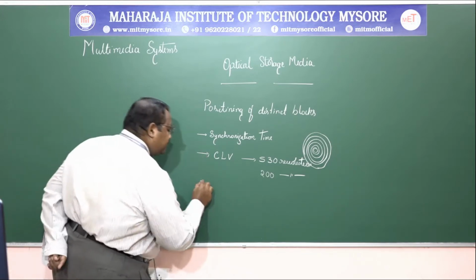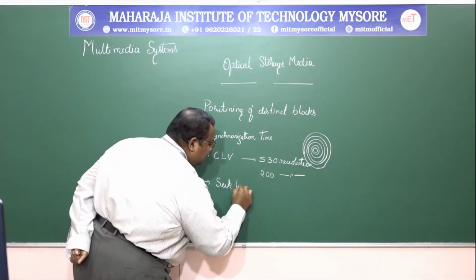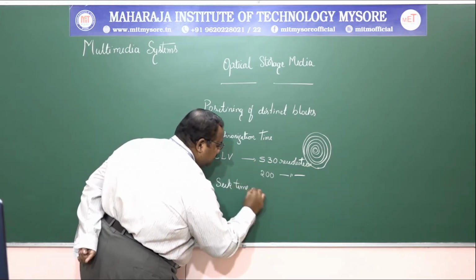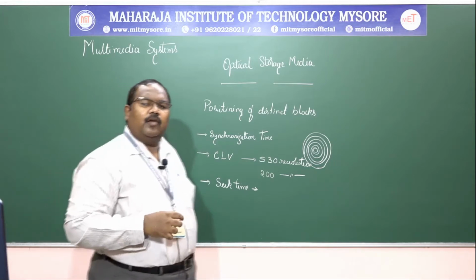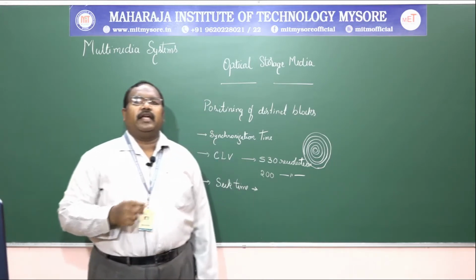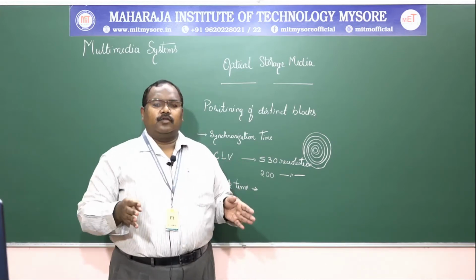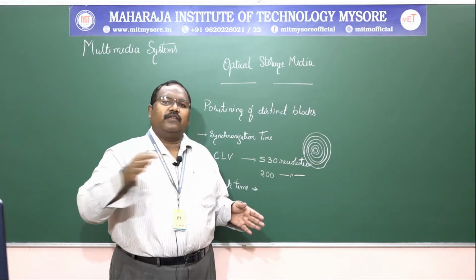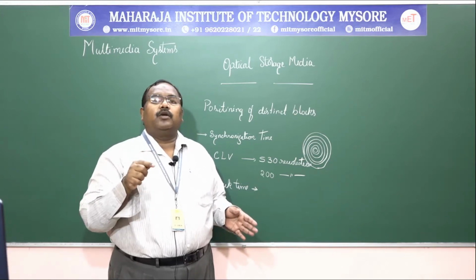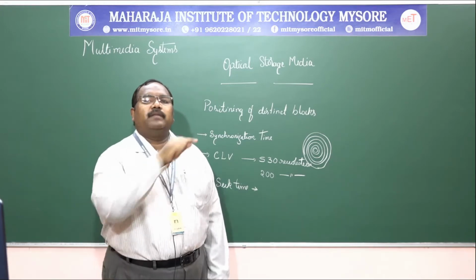Next, seek time. This is also an advantage of CD-ROM when compared to magnetic tapes and other storage devices. In magnetic tapes, we can play continuously, but we are not able to identify a particular portion and play immediately from that point.